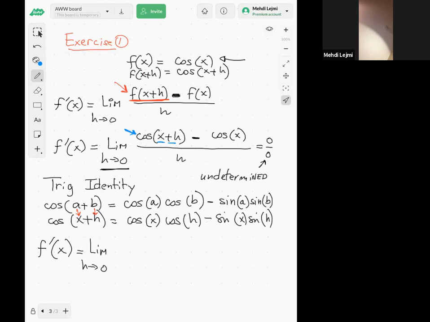I have this cosine of x plus h, so I'm going to use my trig identity. It's going to be cosine of x times cosine of h minus sine of x sine of h. That's this cosine of x plus h. And then, of course, there's a minus, so minus cosine of x.